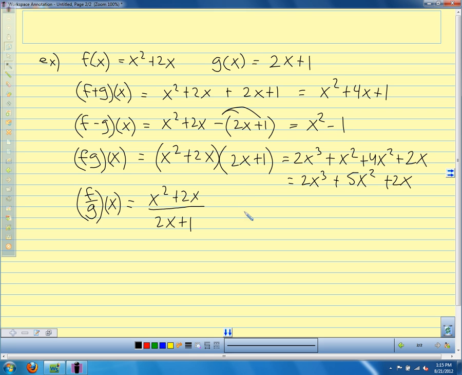The denominator can't be 0, so 2x plus 1 is not equal to 0. So x not equal to what? There we go, negative 1/2. To solve this for x, we're leaving that out of our domain. So x doesn't equal negative 1/2, because that would make the denominator 0.